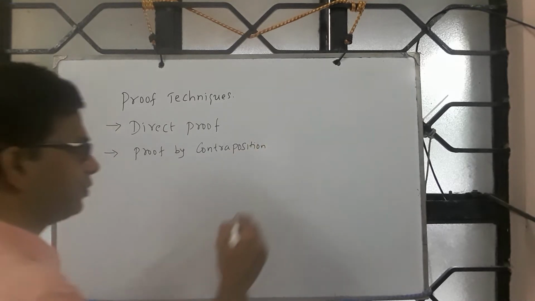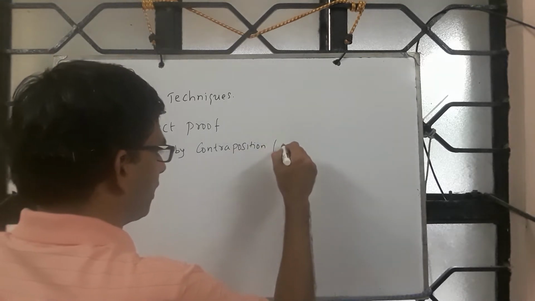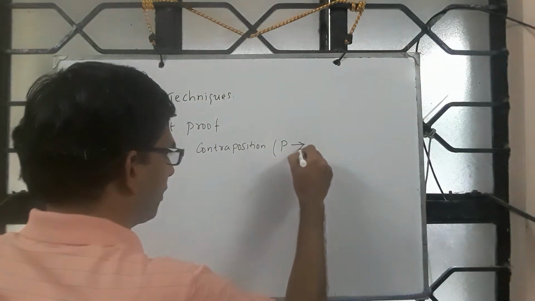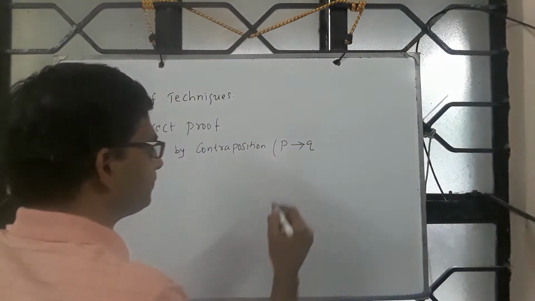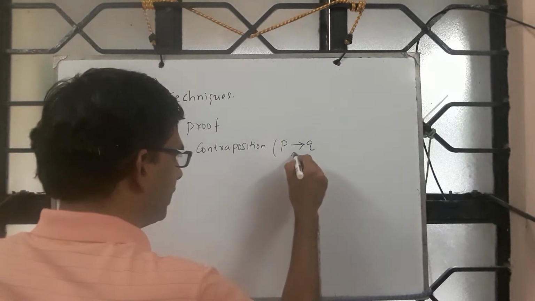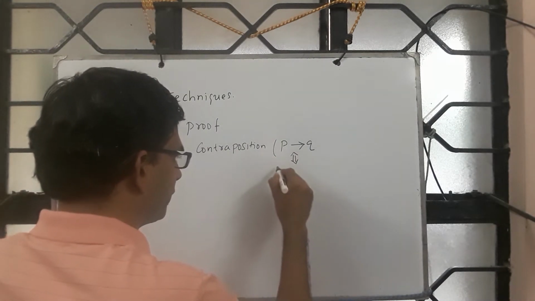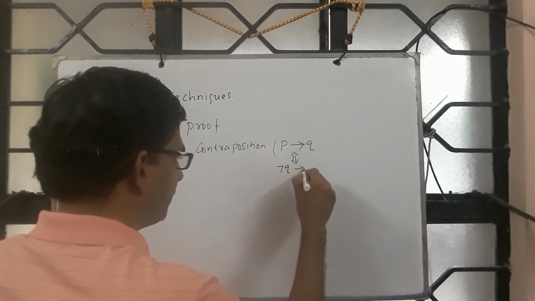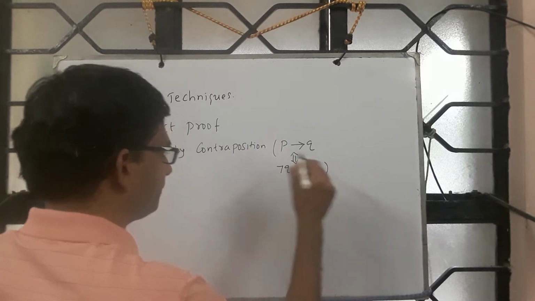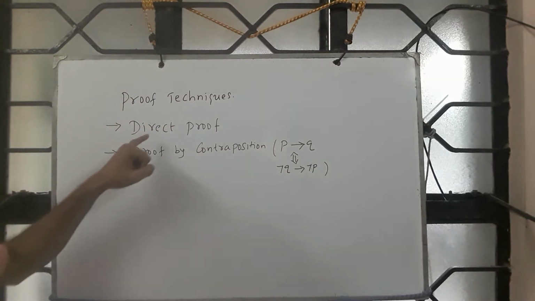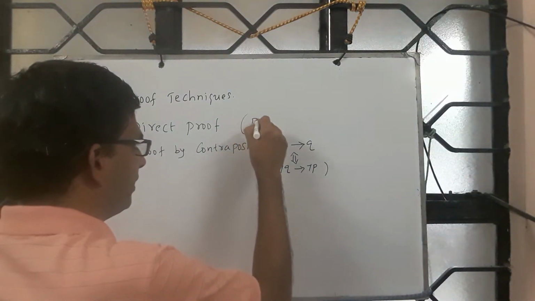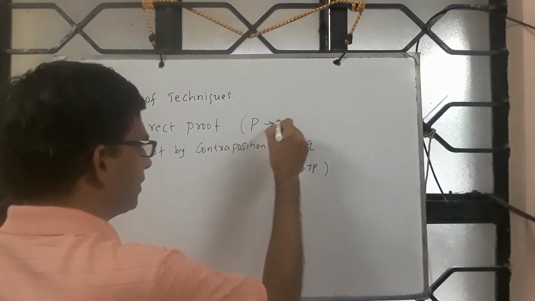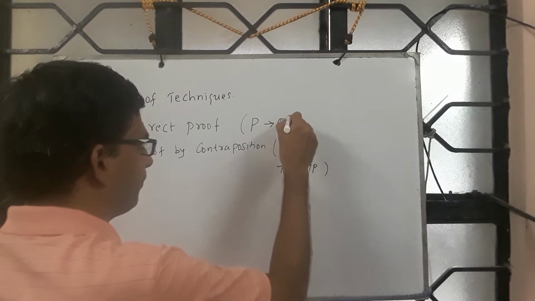So you are asked to prove this: given P, establish Q, and this is equivalent to showing negation Q implies negation P. As part of direct proof, what is it that we did? Assuming P, we derived or we concluded Q.